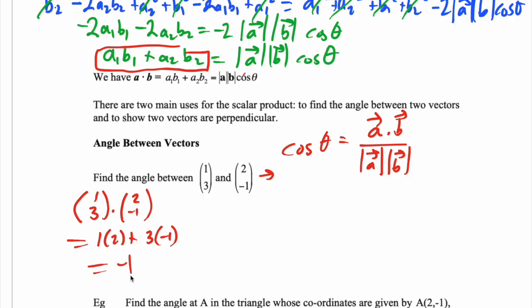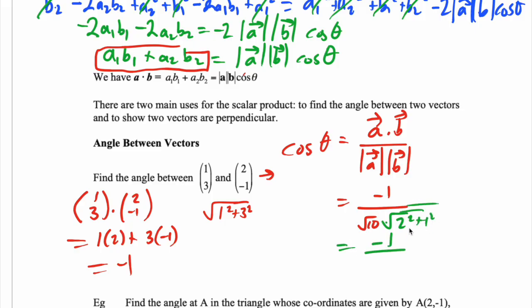And that is negative 1. Okay, that's your numerator here. Your denominator, you can figure them out pretty easily. That's root 10. And this one is root 2 squared plus 1 squared. So that's negative 1 over root 10 times root 5, which is root 50.